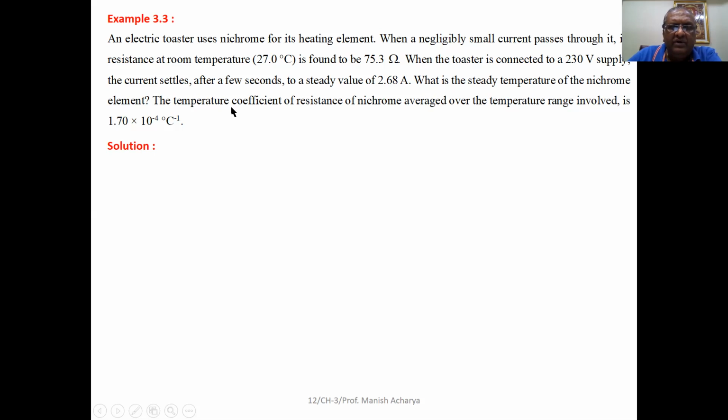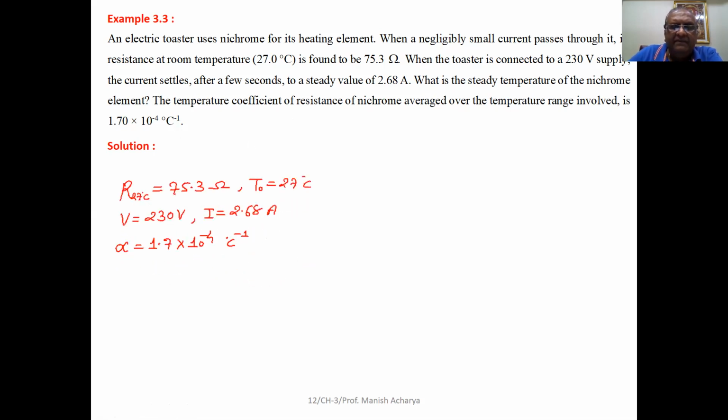The temperature coefficient of resistance of nichrome averaged over the temperature range involved is 1.7 × 10^-4 per degree Celsius. Now see here, resistance at 27 degrees Celsius is given to you, 75.3 ohm.